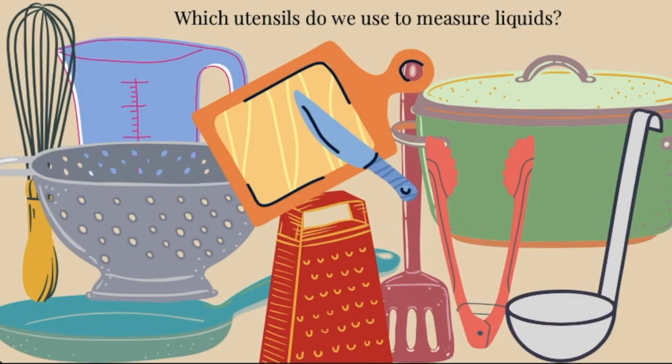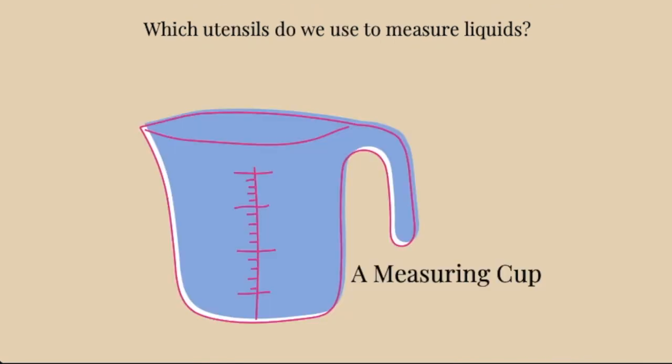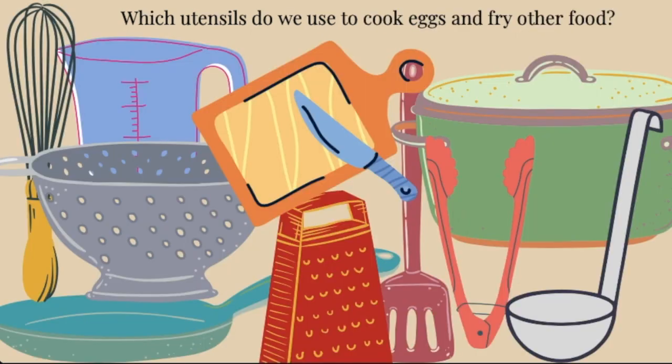Which utensils do we use to measure liquids? A measuring cup. Repeat. A measuring cup. Which utensils do we use to cook eggs and fry other food?